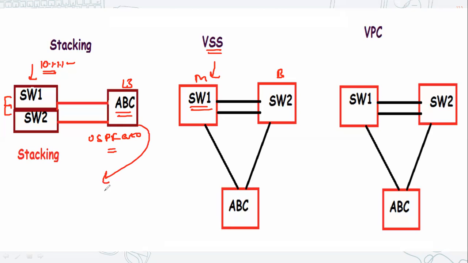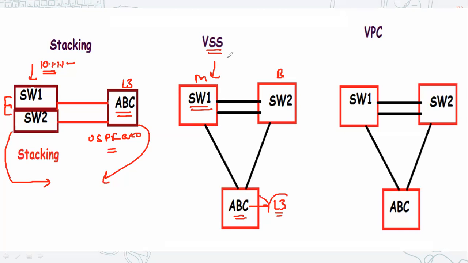If you do a show IP OSPF neighbor on the layer 3 device, you will see only one neighbor, because the devices use a single control plane. Same is the case with VSS. If you run OSPF and do a show IP OSPF neighbor, you will see only one device.